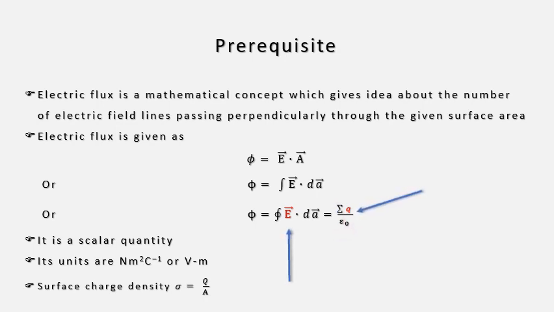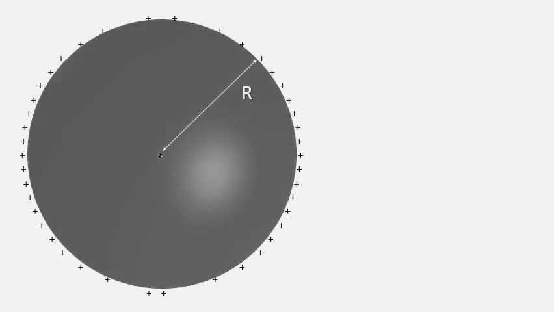I am sure you are clear with all the points, and then we are eligible to start with today's topic. So let us start. Today we have uniform charge distribution on a spherical surface. This is again surface charge distribution, meaning charge is only on the surface of the sphere.